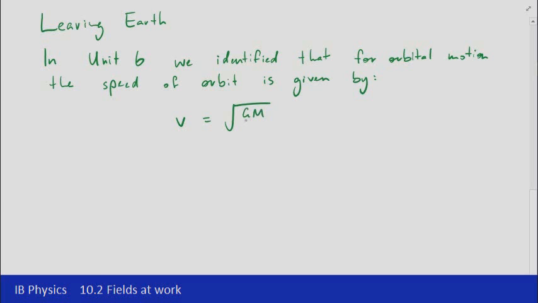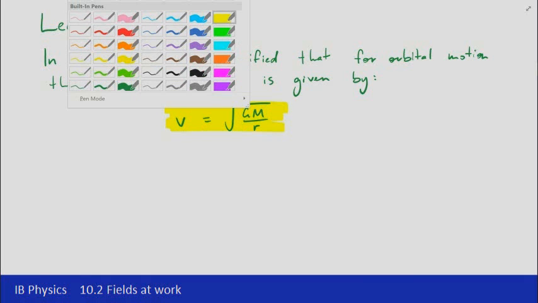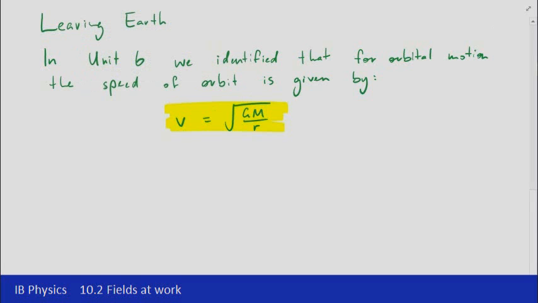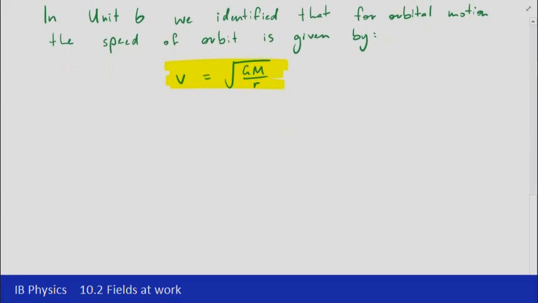Now if you want to revise that one, go back and have a look at the Unit 6 videos. In Unit 6 I didn't highlight that equation, but I need to highlight it now because it is part of Unit 10. So when we're dealing with gravitational fields, the speed of orbit can be figured out by considering the root GM on r.